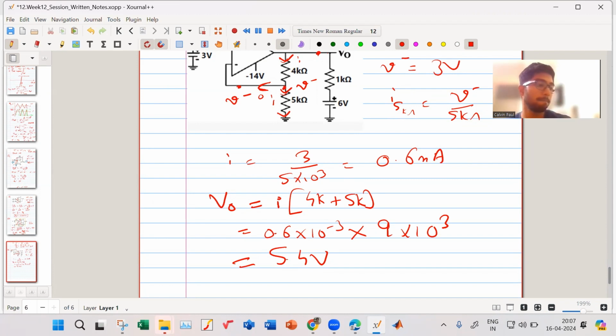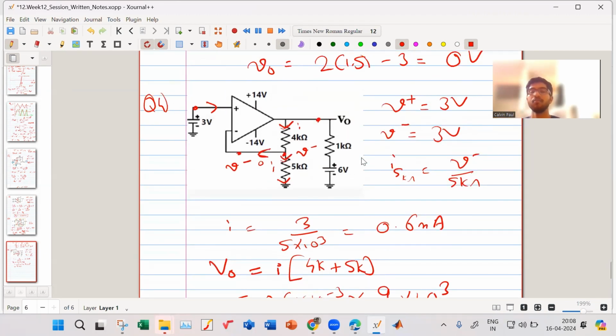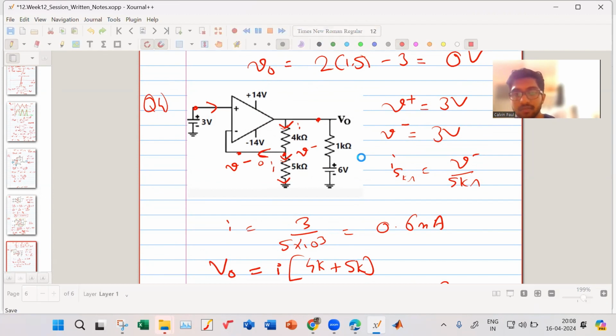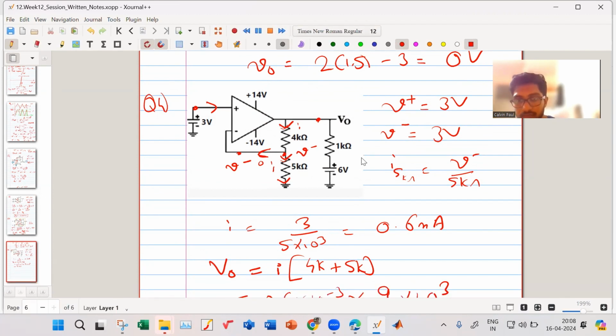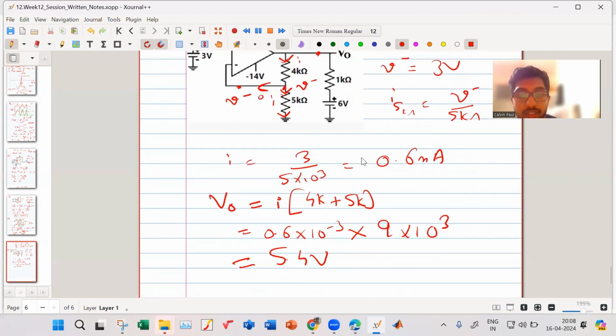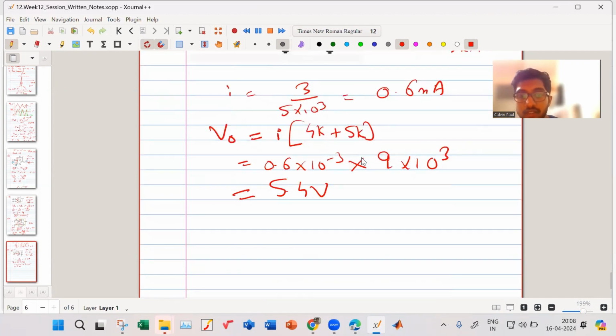So we don't need to consider the 6 volt and 1 kilo ohm. It is not coming into the picture in this case, right? All right, now let's go to the next question.